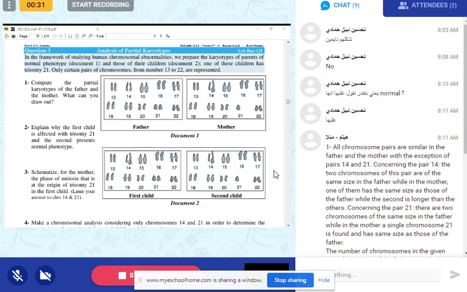He took from the father a normal 21 and short 14. From the mother, the long 14 without any 21. That's why the second looked normal.